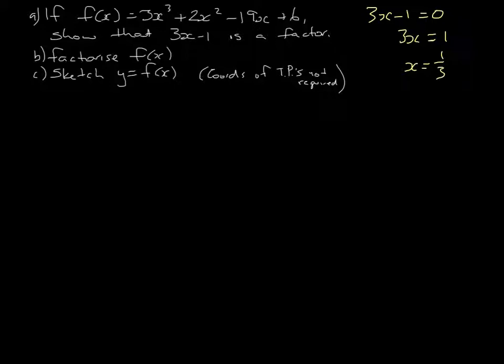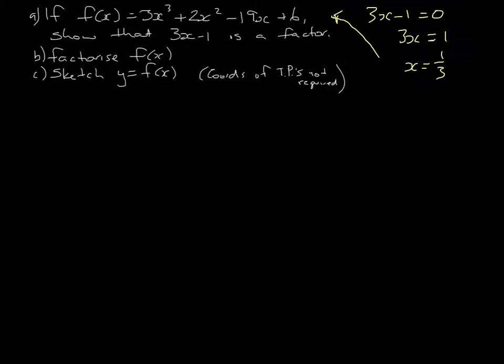So then what we need to do with that is we substitute that into this equation using the factor theorem or the remainder theorem. If we substitute x equals 1/3 into this and it is a factor, then we should get a result of 0. So let's try it.